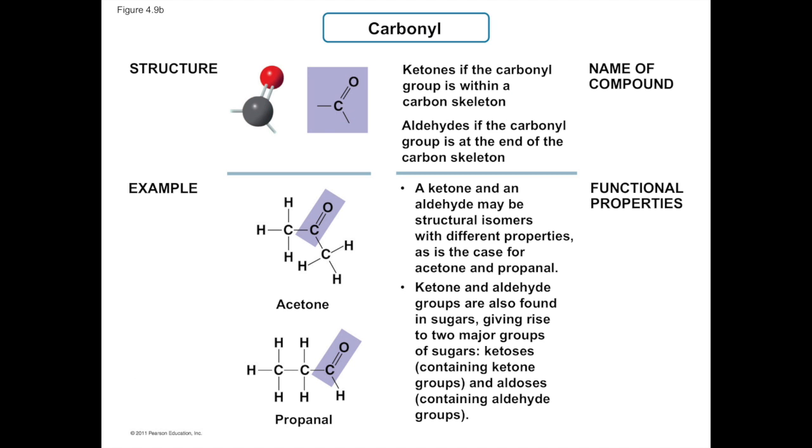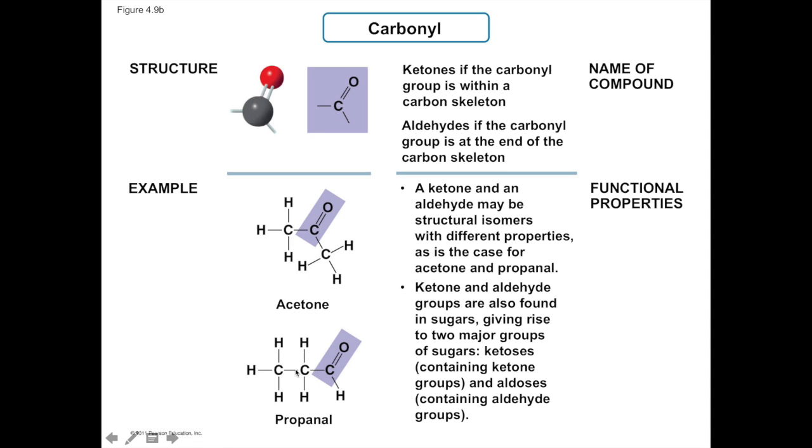A carbonyl group is a carbon double bonded to an oxygen atom. If we were more invested in this, I would tell you more about ketones and aldehydes. Ketones are when the carbonyl group is in the middle of a carbon skeleton, like you can see here in acetone, or fingernail polish remover.